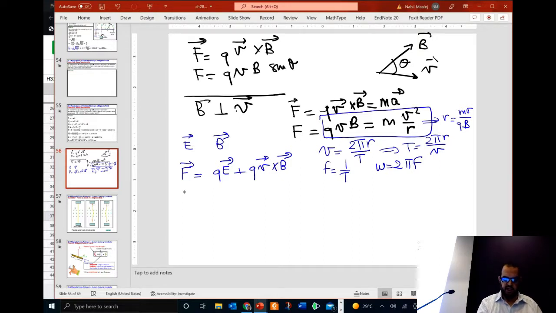For the velocity selector, the force is equal to 0, and in that case we have Q E equal Q V B, the magnitudes. The cyclotron and the mass spectrometer are other devices that operate on this principle. So you can use these simple equations to describe the motion of a charged particle in the presence of electric and magnetic fields.